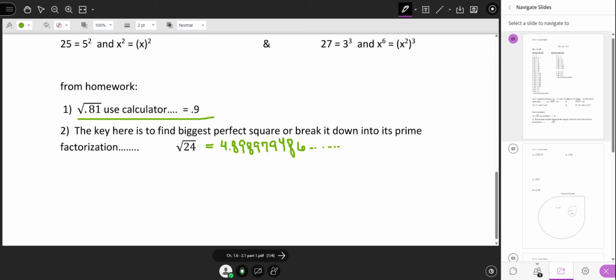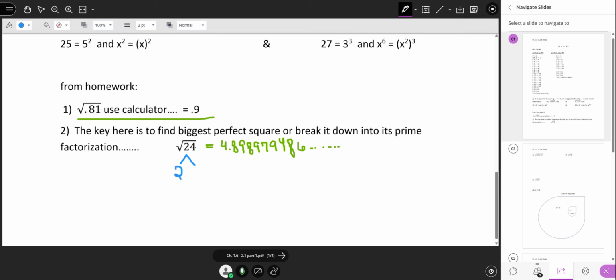A lot of times it's going to ask for an exact answer. Well, guess what? That ain't the exact answer. So what you got to do is prime factorization. And I know a lot of people do it the wrong way.